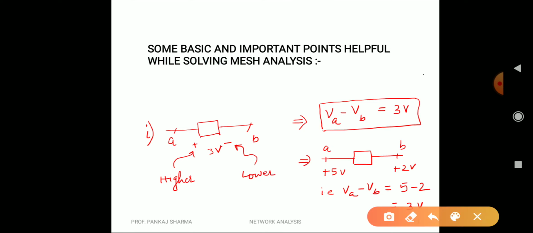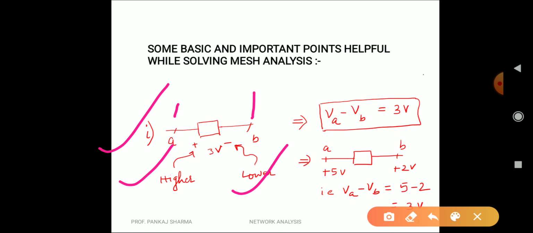See this diagram number 1. A block is given to you. This is your 3 volt. This is point A, this is point B. This is your higher potential, this is your lower potential.